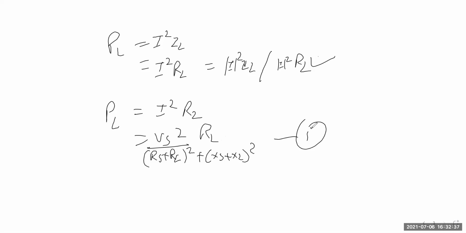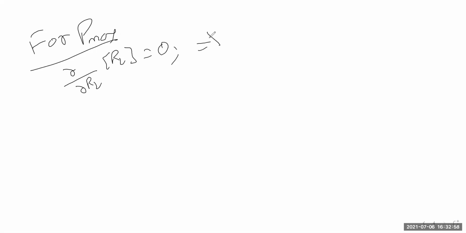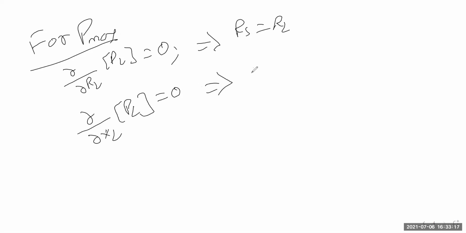Now, to find the maximum power, P max, we differentiate with respect to RL and set it to 0, where Rs is equal to RL at this point. The second condition is where XL would equal 0, that is, XL is equal to minus XS.